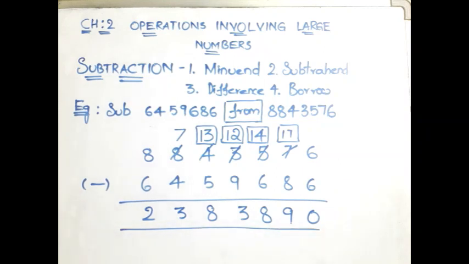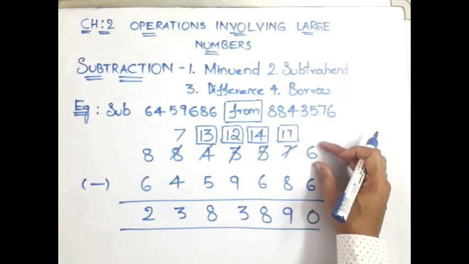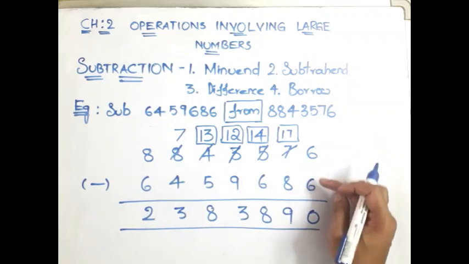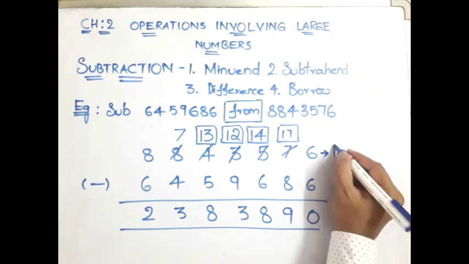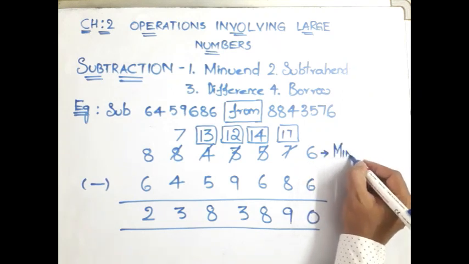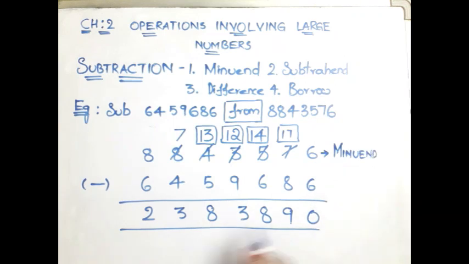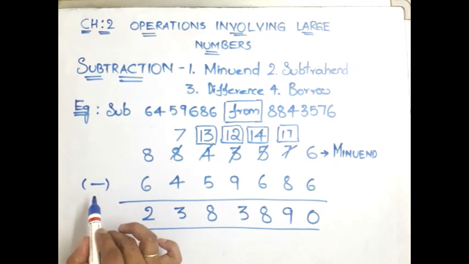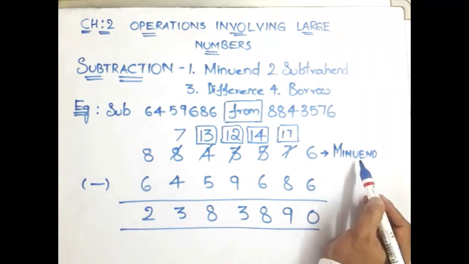Now look. The number from which we are going to subtract the second number we call minuend. For easy remembrance, from what we are going to do minus is called minuend.